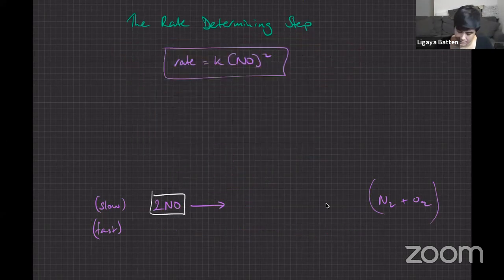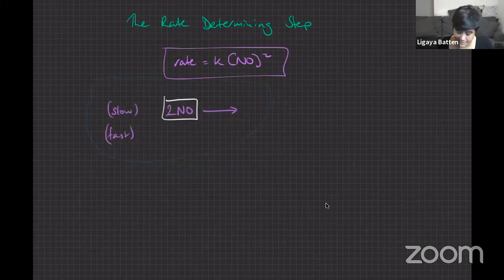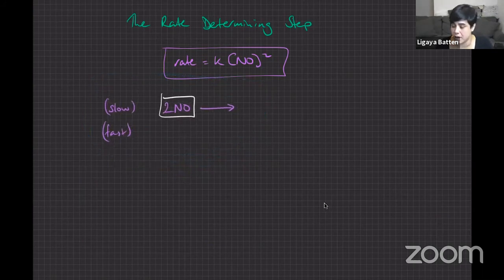Sorry, same rate equation. Okay, and the same start of our rate determining step, because that's the most important thing. But instead of our overall equation being that with the CO and O2, we're going to use a different example, which is 2NO plus O2 makes 2NO2.